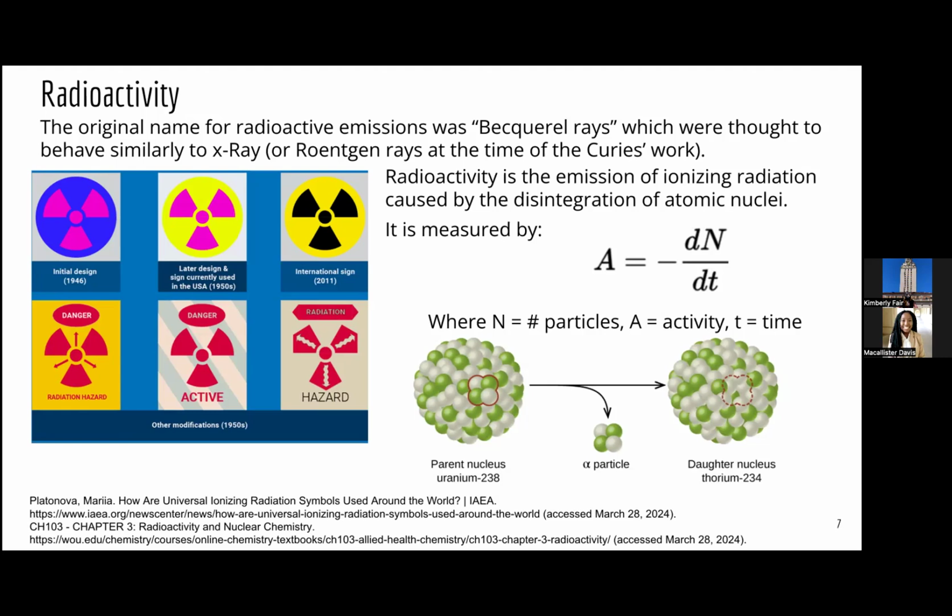It's measured by activity of radiation, which is the change in number of particles over time. The initial nuclei is called the parent nucleus, which then emits one of three types of decay, alpha, beta, or gamma, and is then transformed into the daughter nucleus.